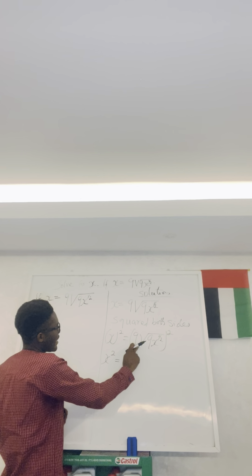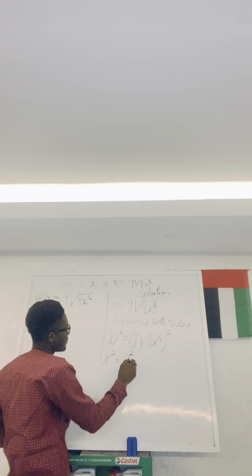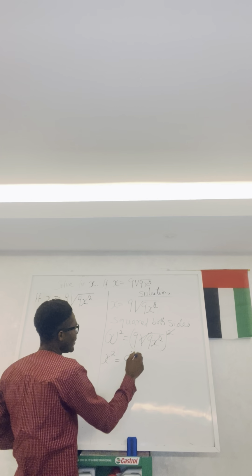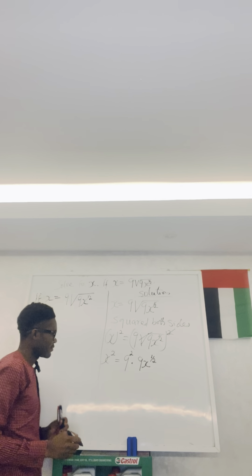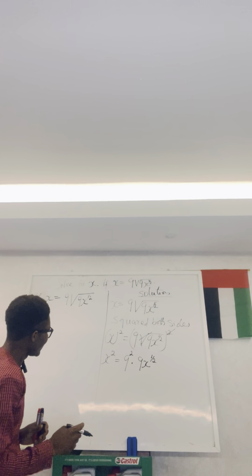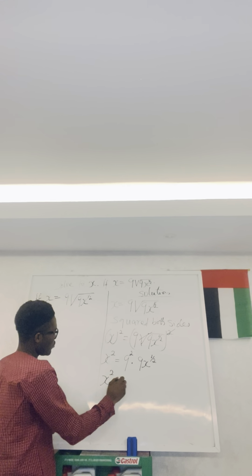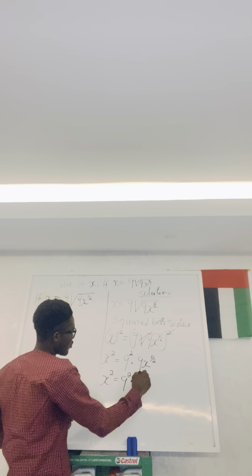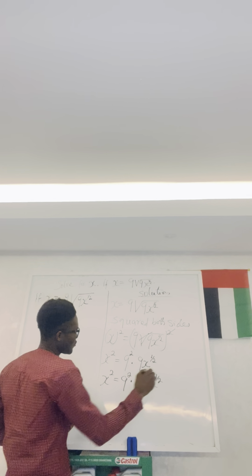We affect this 9, so here now will be 9 squared times this square. We cancel this square, leaving 9x raised to the power of half. So in this case again, you have x squared equals 9 squared times 9 raised to the power of 1 times x raised to the power of 2.